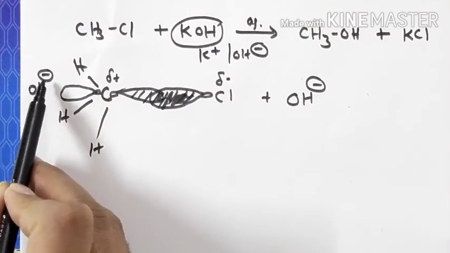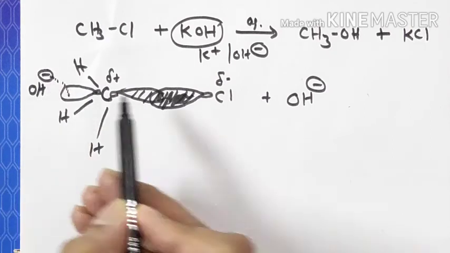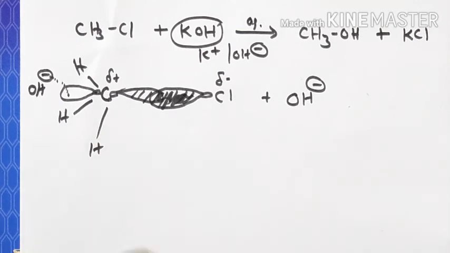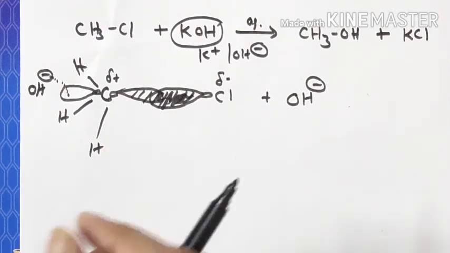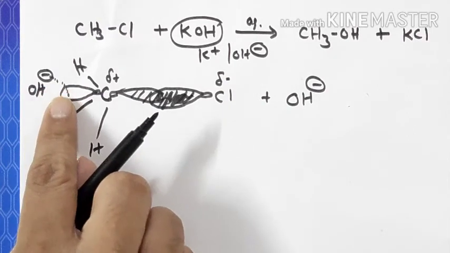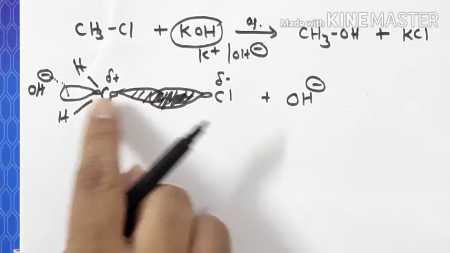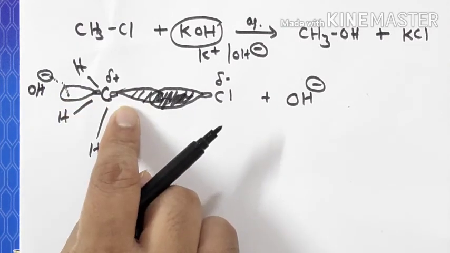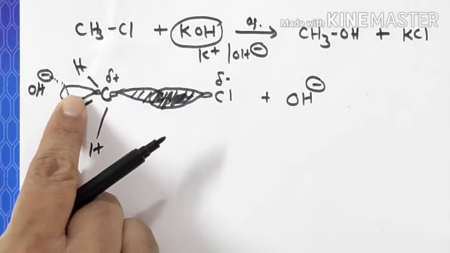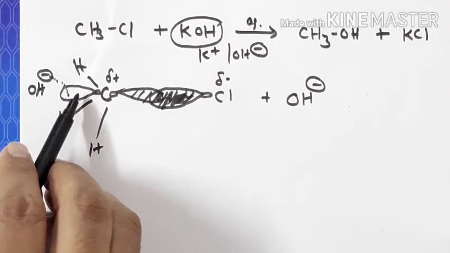What will happen? This OH is going to put its electron in the antibonding orbital of this carbon. You'll ask me, how much electron? It will be equivalent to 10% only, because the bonding and antibonding orbitals hold a maximum of 2 electrons. If some of the electrons shift here, then this antibonding orbital can take some electron. So this 10% electron comes over here.